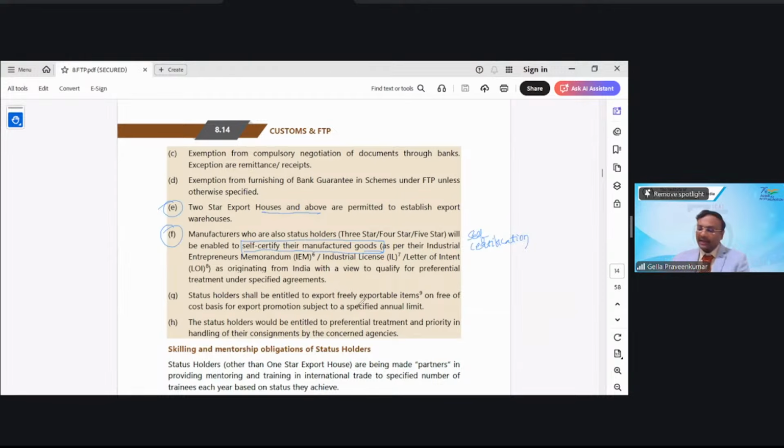I have goods which are manufactured, I put a label called Make in India. Generally, you have the regional authority or export promotion council who are authorized to give this certification. But in case of a status holder, I do it myself. This is another important catch point.